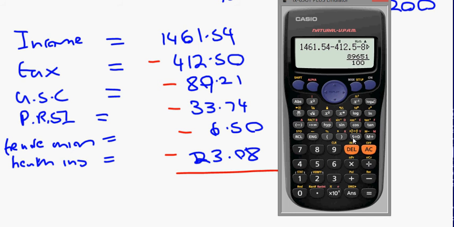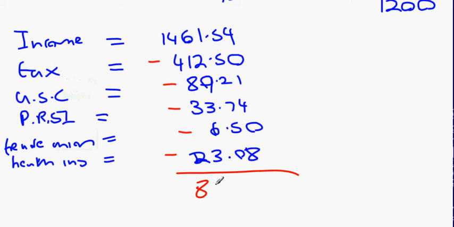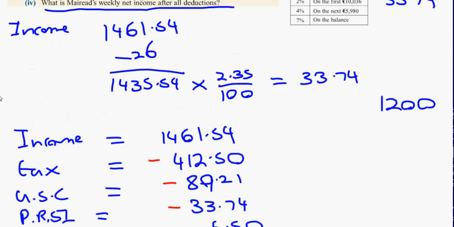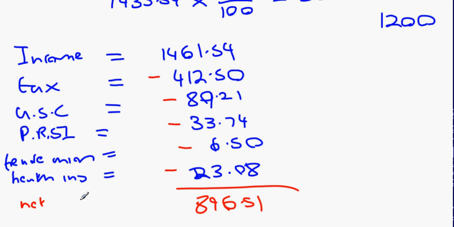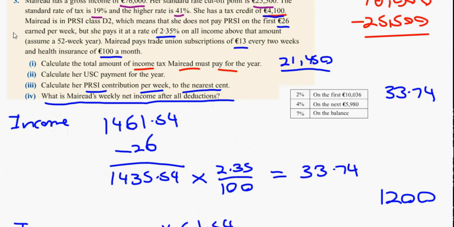Put it all in, and what we get is 896.51. So 896.51 is the weekly net income. Okay, so that's question 5. Question 3 done.